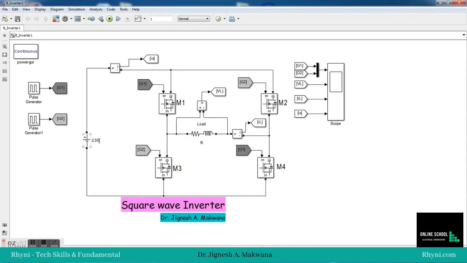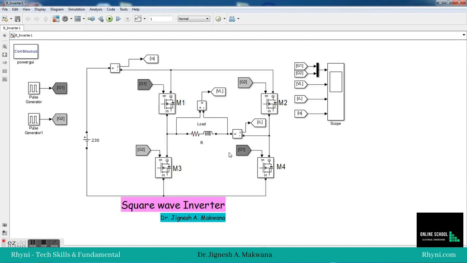Current will flow in one direction when M1 M4 are on, or in the reverse direction otherwise. We have only 2 states: either M1 M4 simultaneously on, or M2 M3 on.